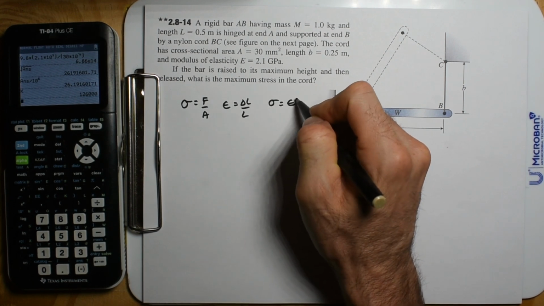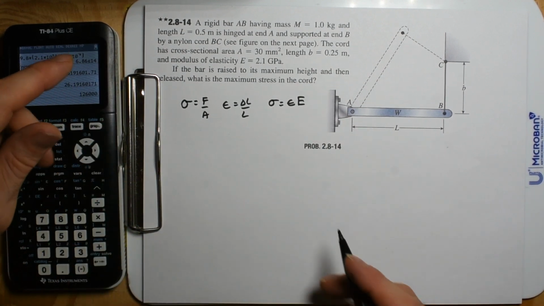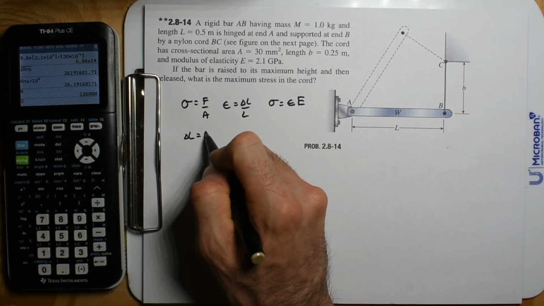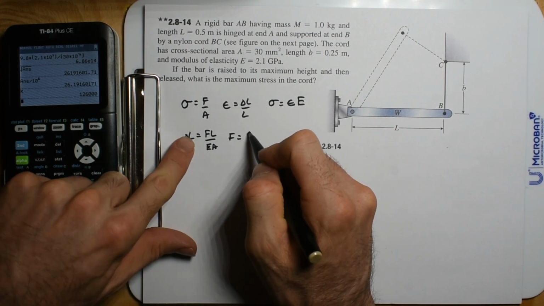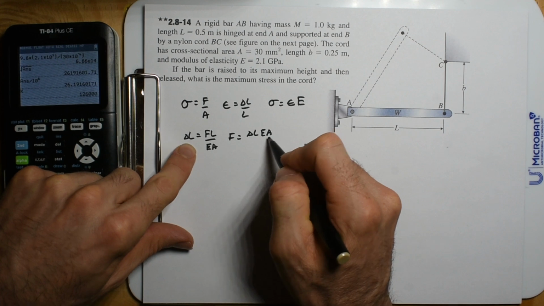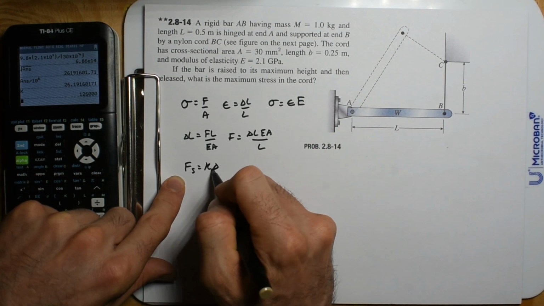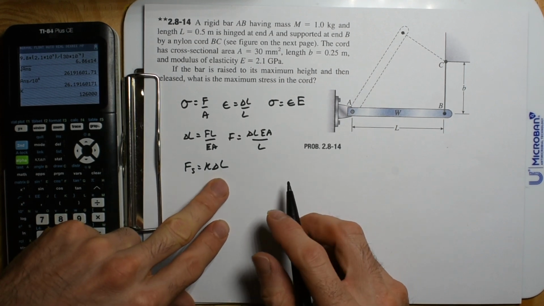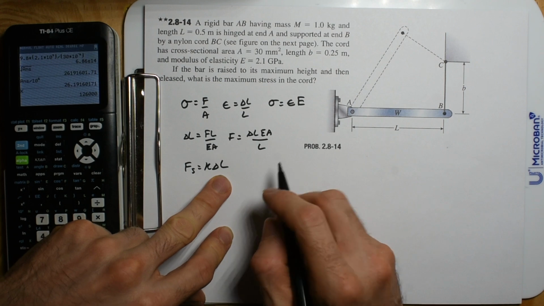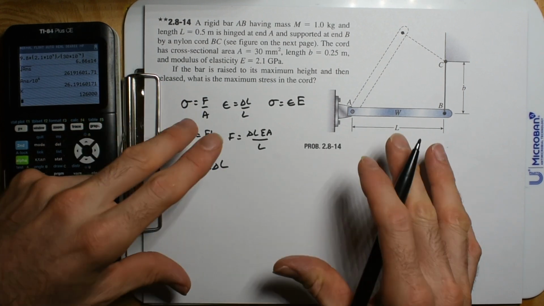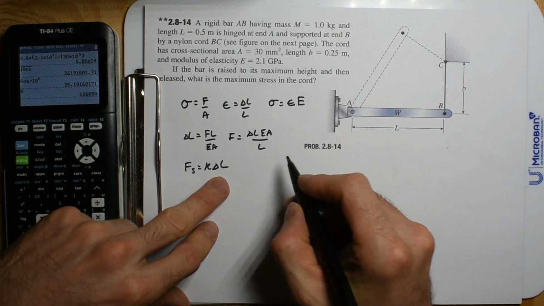Strength is equal to stretch times the modulus E. So we have change in length is force L over EA, and then force is change in length times EA divided by L. The force of a spring is K times change in length. Cool. It feels like I want to do this all in one go, but I don't know why I'm making mistakes. So we're going to do it one more time.